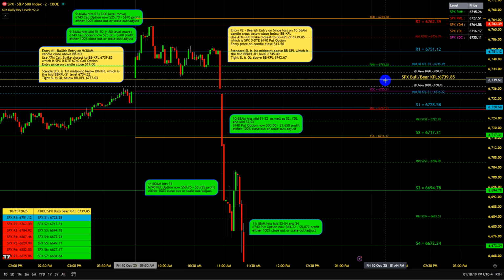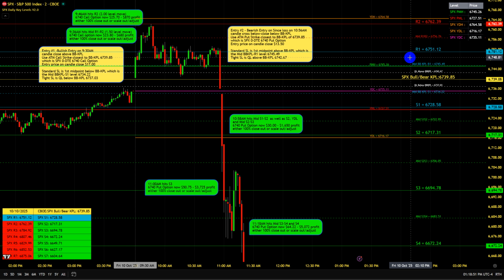For those that prefer out of the money options, there are basically two choices here. Since this is the level that the trade is derived from and it's a bullish play, your first choice is slightly out of the money, based on the strike closest to the first midpoint above the level the trade is derived from. In this case, it would be this midpoint here, 6745.49, so that would be the 6745 call option.